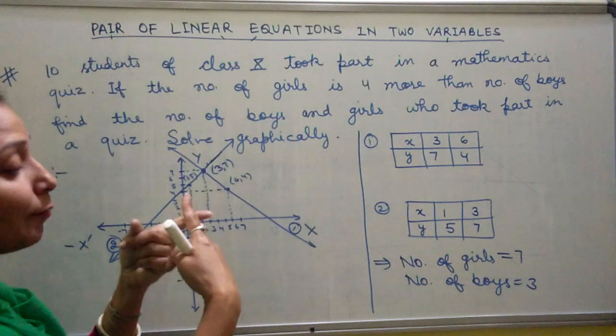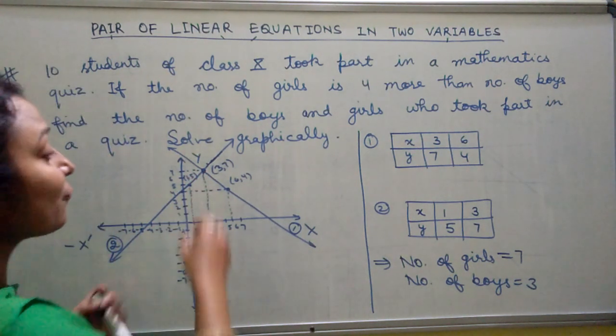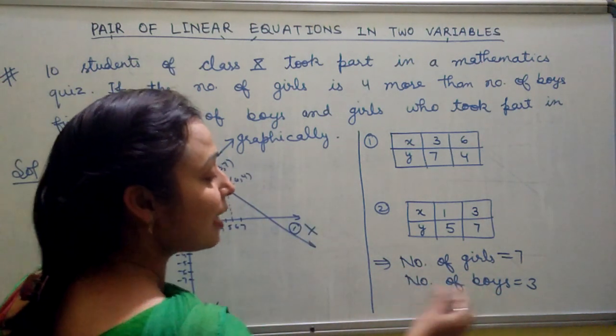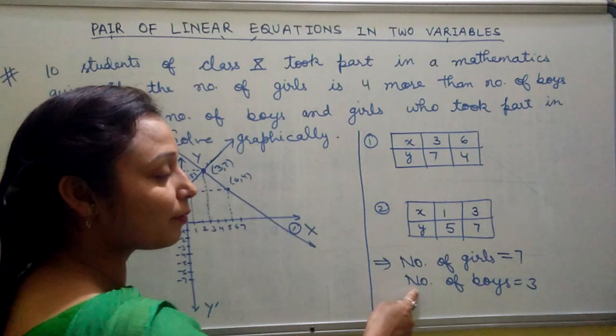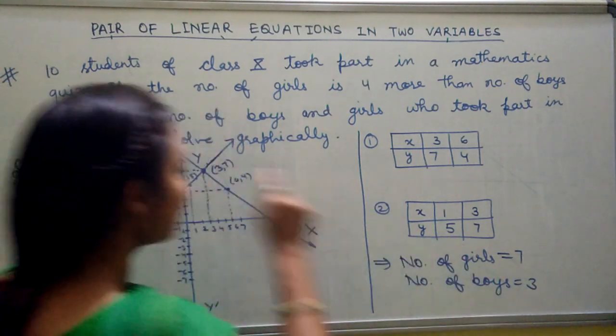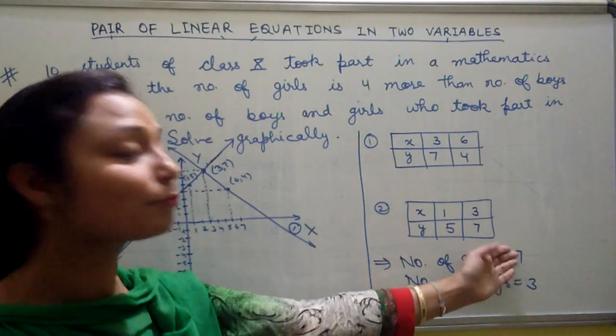The intersecting point gives the unique solution, and from there we will get the number of girls and number of boys. We represent the number of boys by x, so we take the value of x for boys and the value of y for girls. Yes, the girls are 4 more than boys.